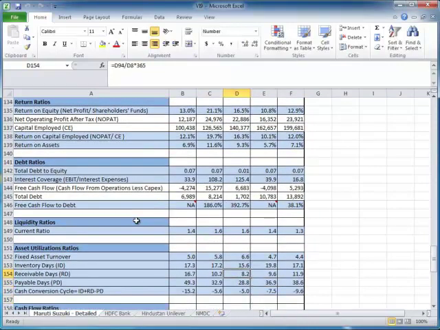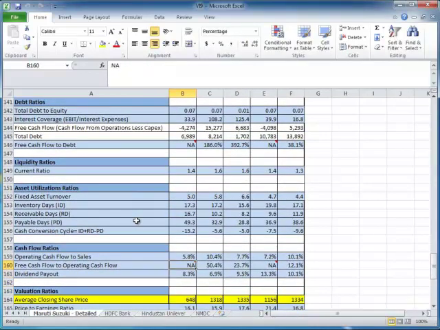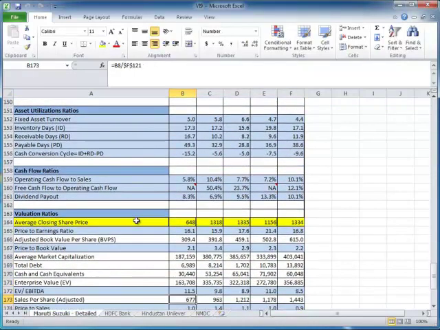Next we have asset utilization ratios. We look at fixed asset turnover, inventory days, receivables days, payables days, and cash conversion cycle. Then we have cash flow ratios, where we have operating cash flow to sales, free cash flow to operating cash flow, and dividend payout. Then we have the valuation ratios.